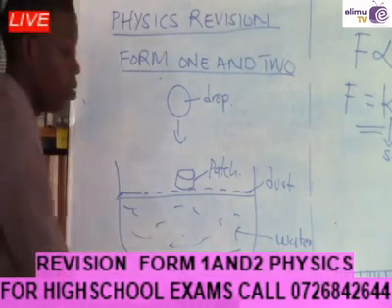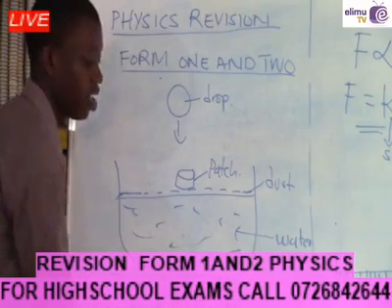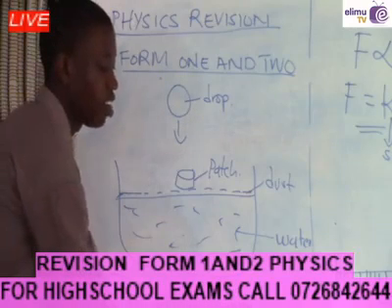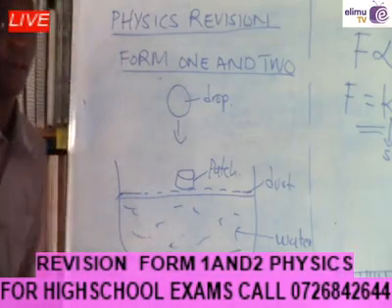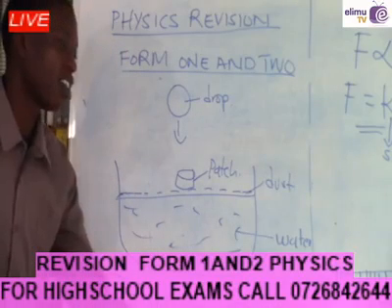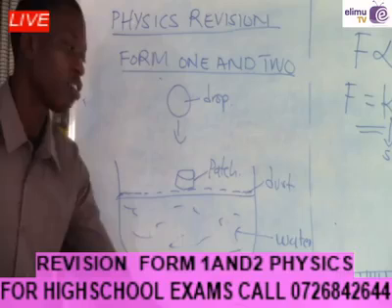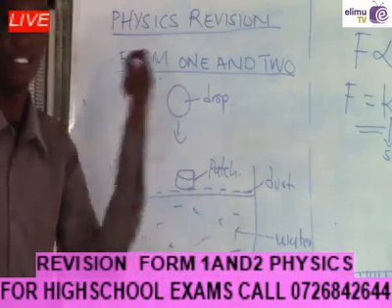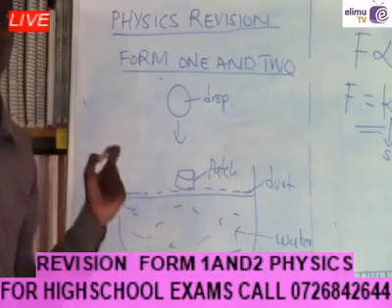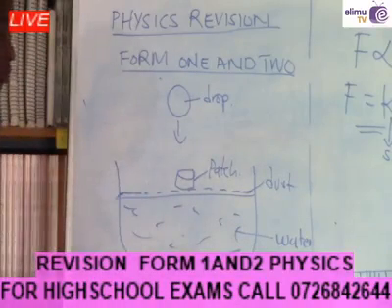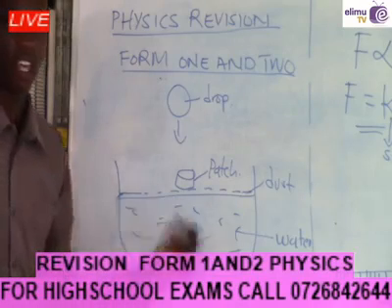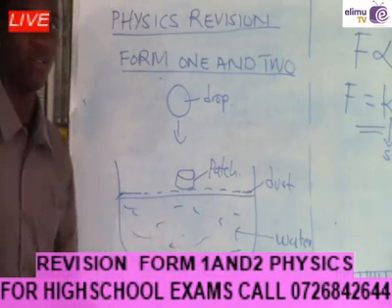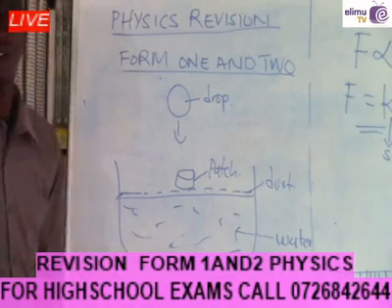The volume of a patch, which is a cylinder here, is pi r squared multiplied by h. Pi r squared is the base area, which we multiply by h. So the h at this point is the size of the patch that we want to estimate, meaning that this oil drop is falling on the dust to form what we call a patch.